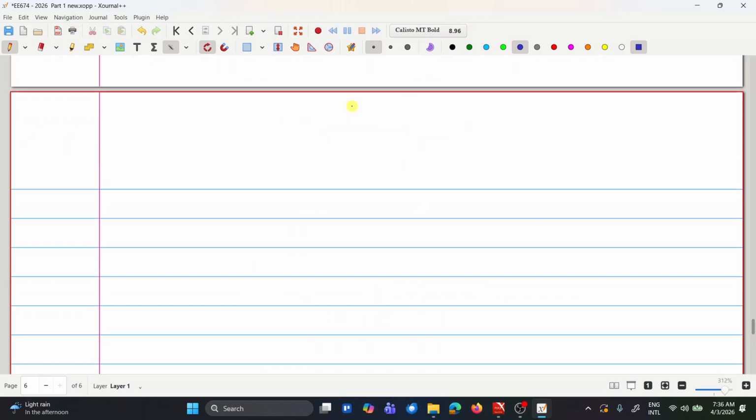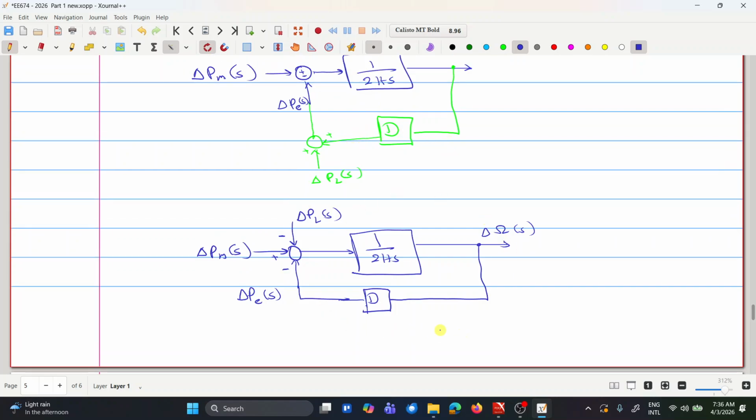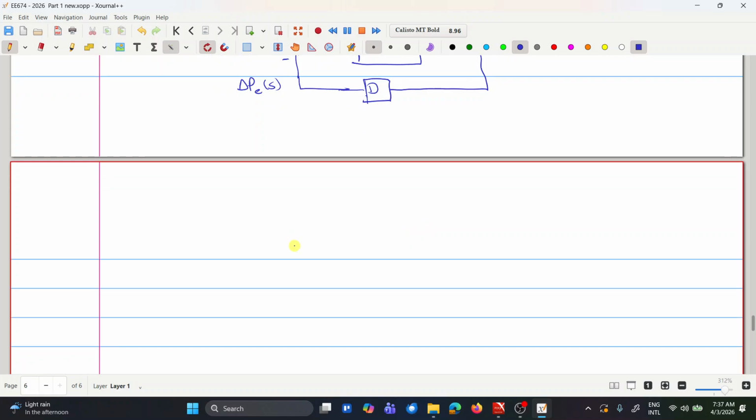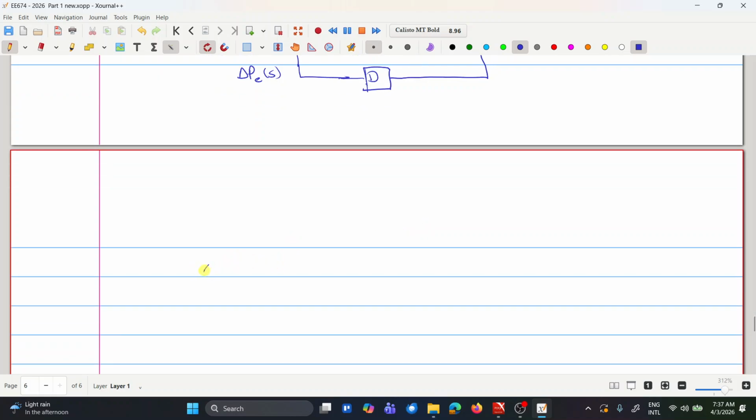So actually you can combine this path. By using your control theory, or the block diagram simplification, you can simplify that to be delta PM minus delta PL times 1 over 2HS.